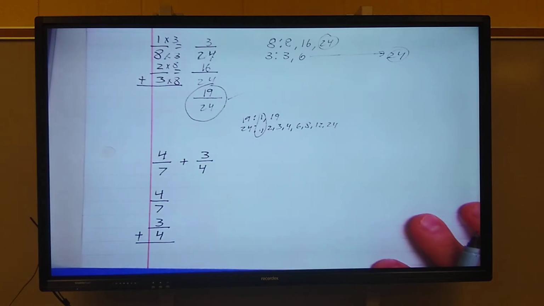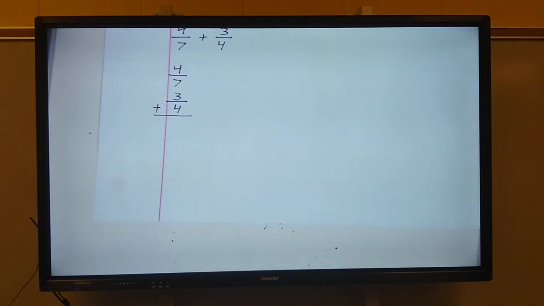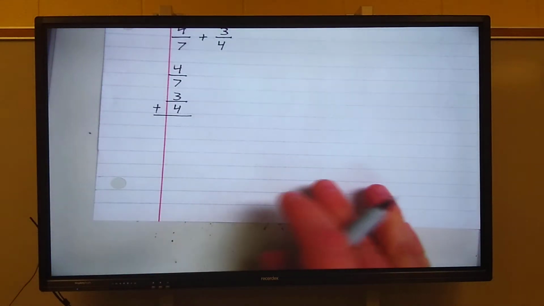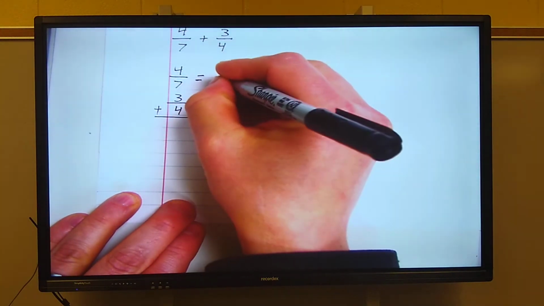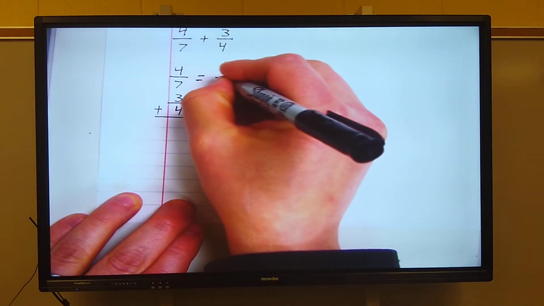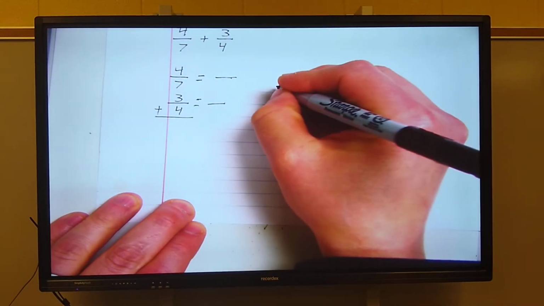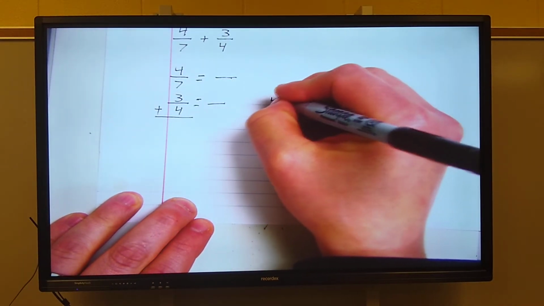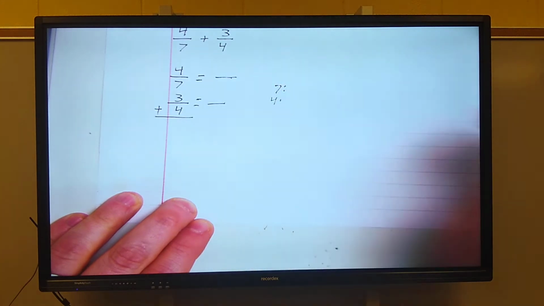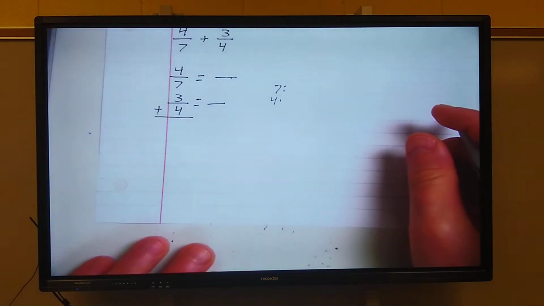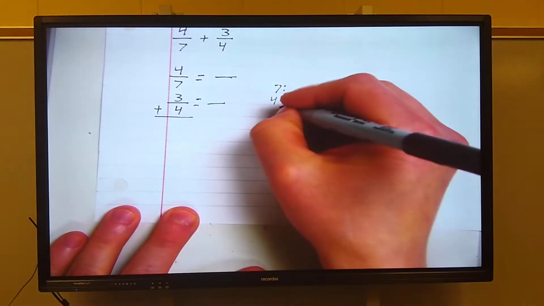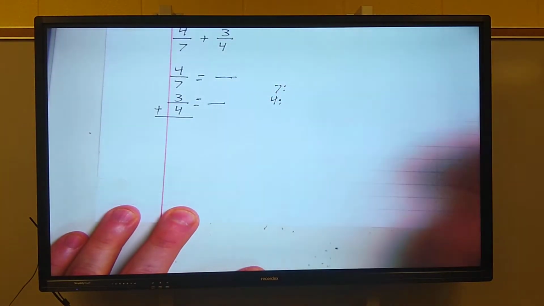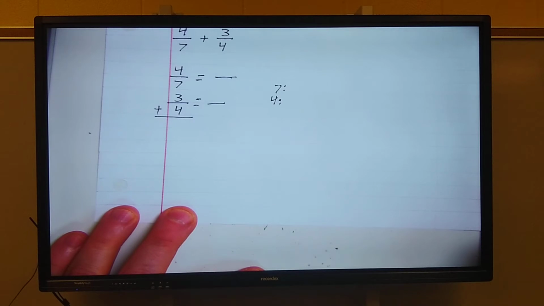Line them up vertically, like so. I have to find my new denominators. So I take my current denominators, 7 and 4, and I've got to find the multiples of them until I find one that is the same.